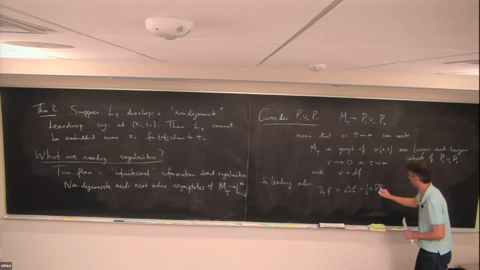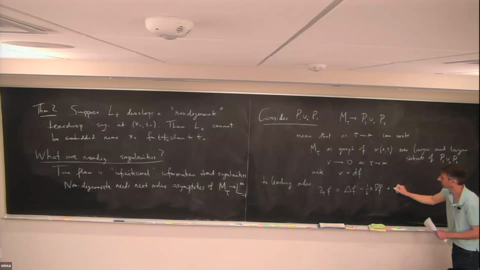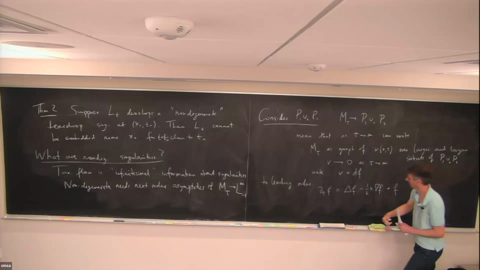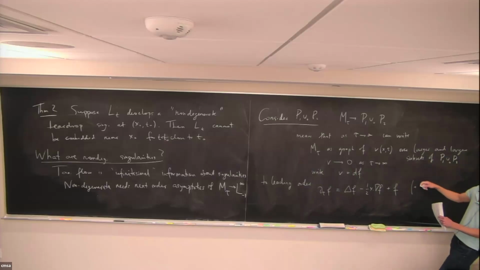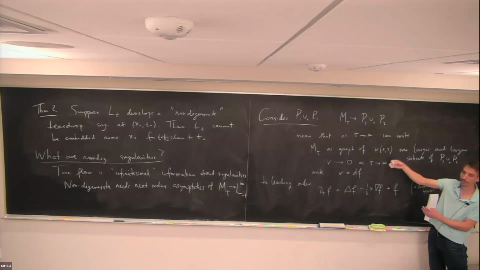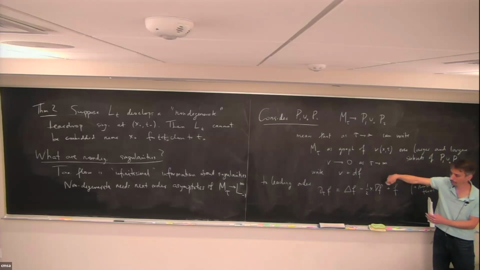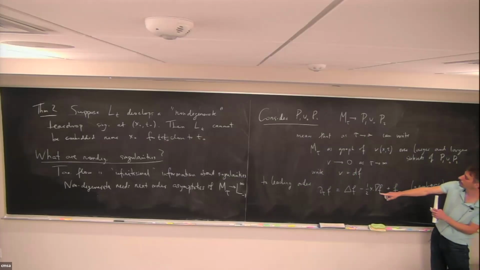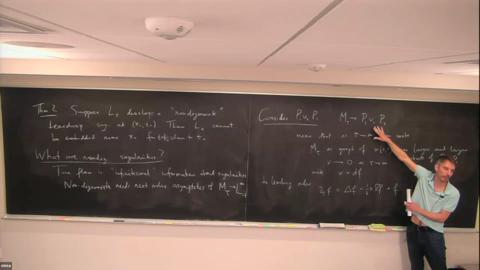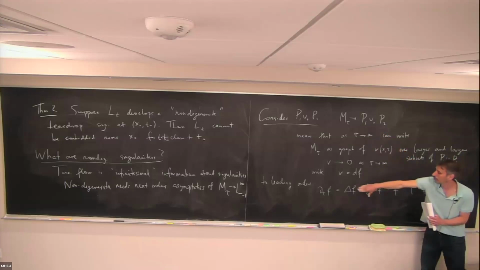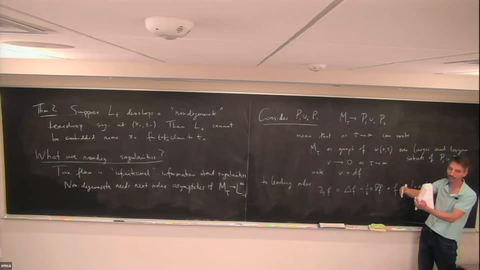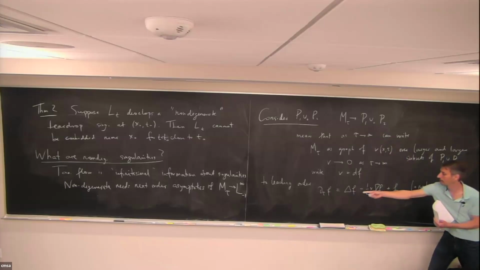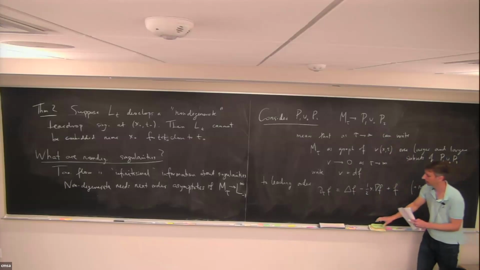There are some higher order nonlinear effects, but we would expect that to leading order, the behavior of the flow is determined by solutions of this drift heat equation. Remember, this is just on P1 union P2, so you could think of this as two drift heat equations on two planes. It's a very classical thing to study solutions of this.